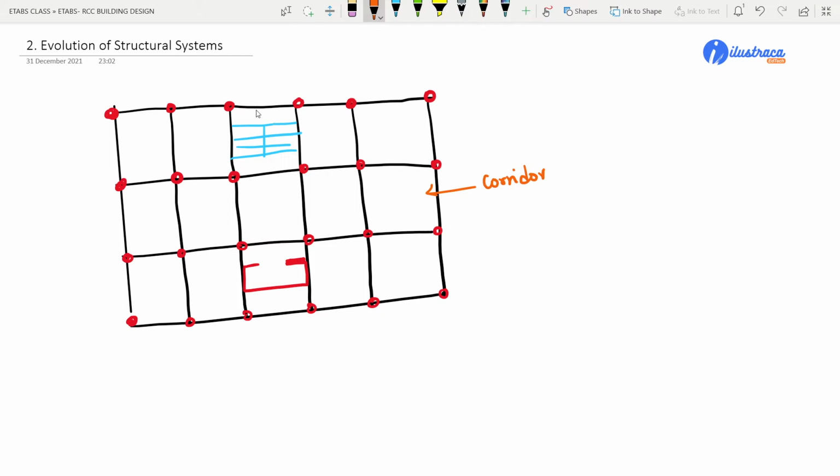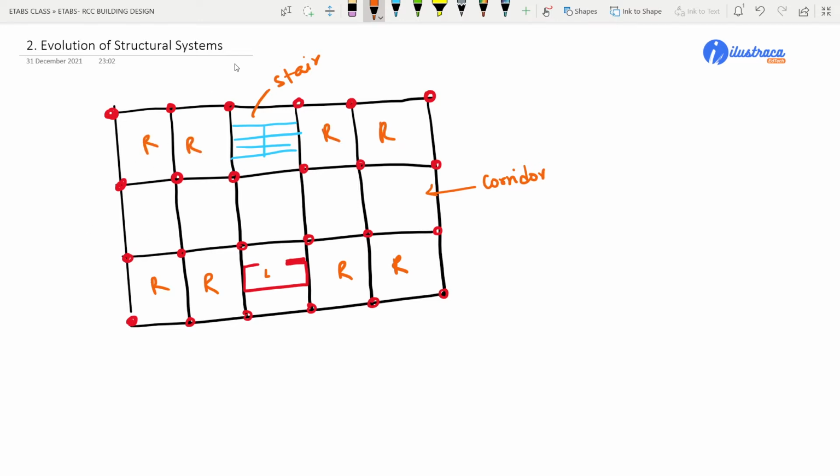This kind of structure we generally see everywhere, in school buildings and office buildings: there will be a single corridor, and both sides will have rooms like this. You may have a lobby, and rooms everywhere.